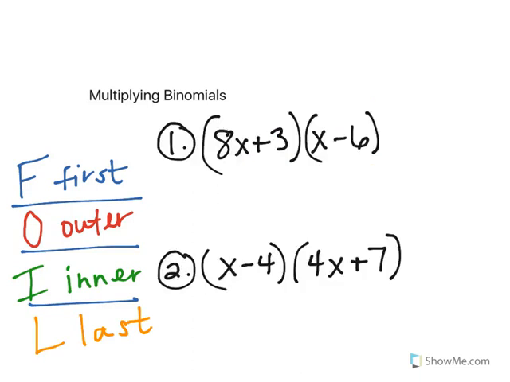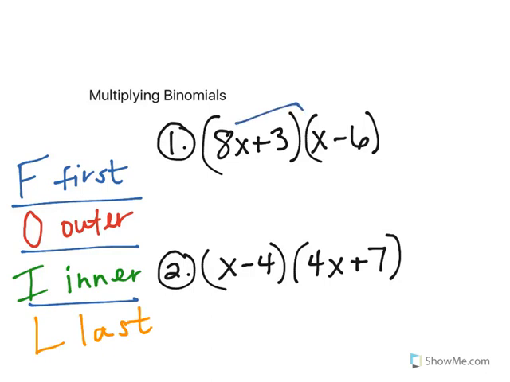Okay, for my next 3 problems, these are problems that are going to be on your homework. These are the first 3 problems, and then you'll do the last 5 for homework on your own. So I'll start off by FOILing the first 3. The very first thing you're going to multiply is the first, the outer, the inner, and then the last.